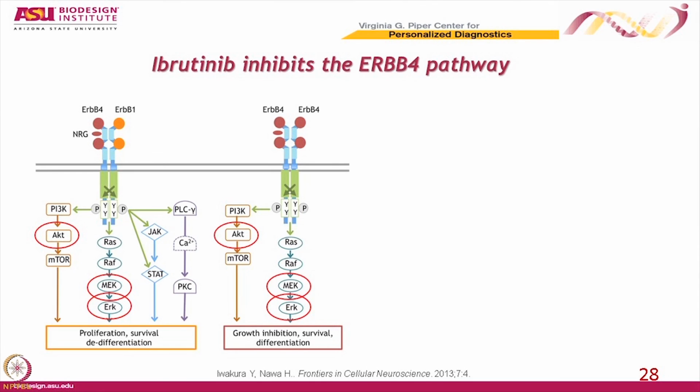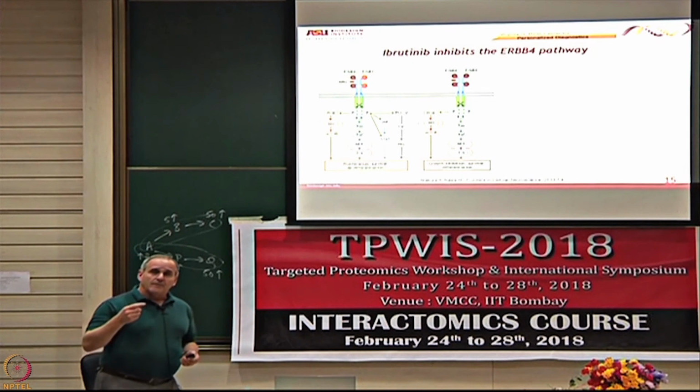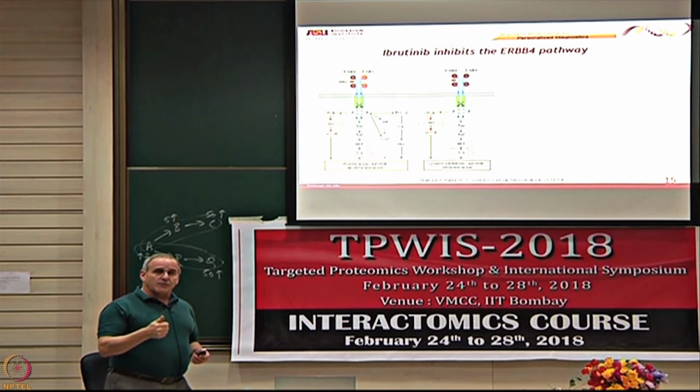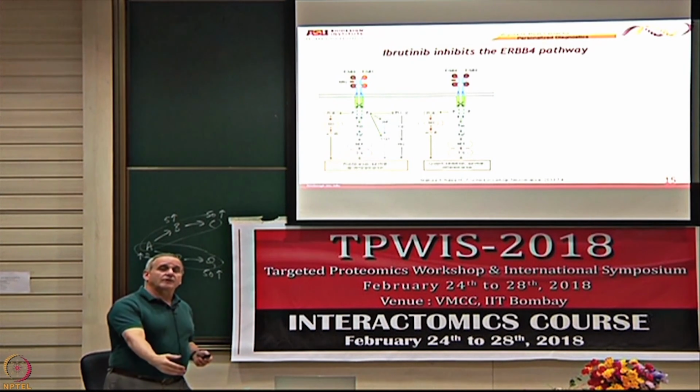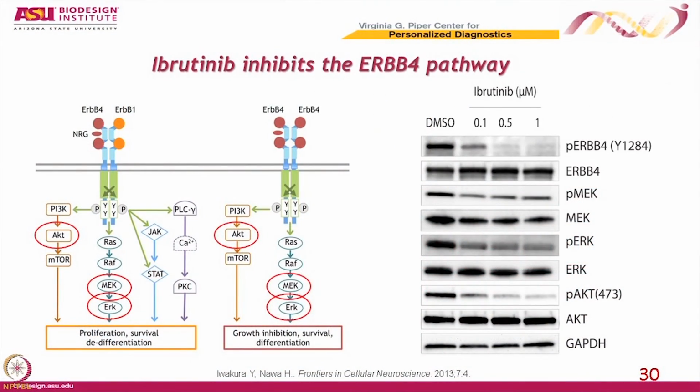All three of these proteins, AKT, MEK, and ERK, get phosphorylated when they're active. And we have good antibodies for those phosphoforms. So a good simple test would be, when we inhibit the cells with Ibrutinib, do we see a reduction in the phosphoform of these proteins which are downstream of ERBB4, right? And I wouldn't be telling you this if we didn't do that experiment, and that's the result.